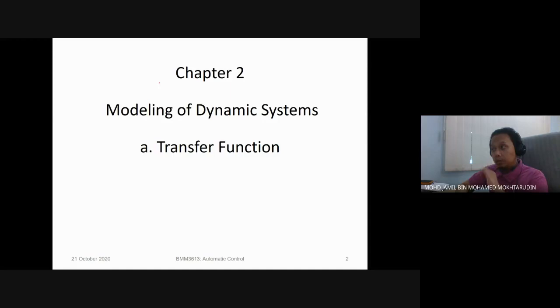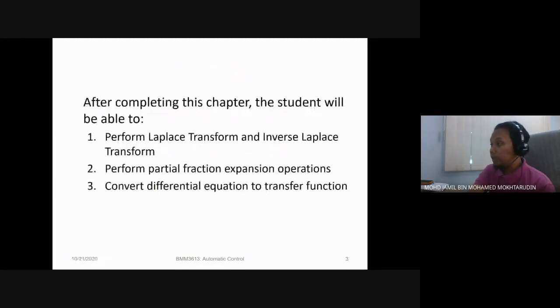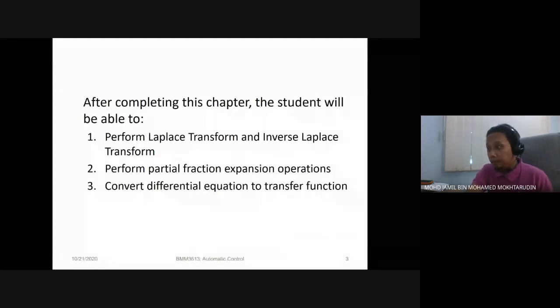Before you can learn about modeling dynamic systems, we need to learn the most important concept in automatic control, which is the transfer function. After completing this chapter, the student will be able to perform Laplace transform and inverse Laplace transform.